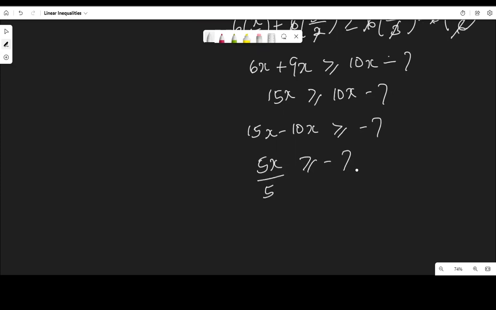Divide both sides by 5. And x therefore is greater or equal to negative 7 over 5. This is negative 1 whole number 2 over 5. That is greater than or equal to.